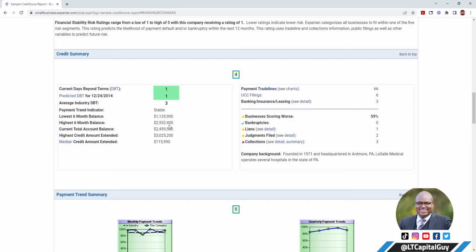Also, that gives you some information about the amount of money that you are using. Now, obviously, the higher these numbers are, this is what lenders use to determine how much credit they are going to extend to you, right? So if you're doing business constantly close to around $10,000, between $5,000 and $10,000, you may have a lender that would be comfortable lending you a certain amount of money, maybe $15,000, maybe $20,000.